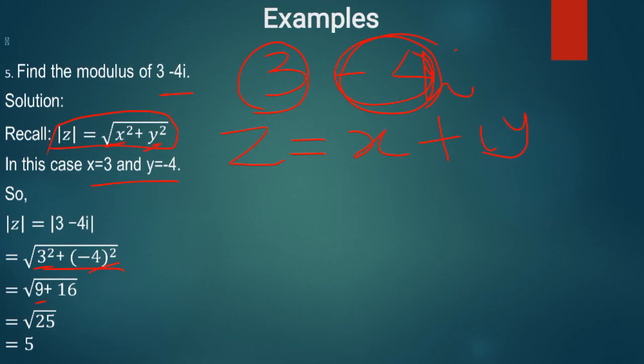Minus times minus is plus, and 4 times 4 is 16. We have a positive 16. That's how we got this here. If you sum the two together, you should get 25, and the square root of 25 is 5. So that's also finding the modulus of a given complex number.